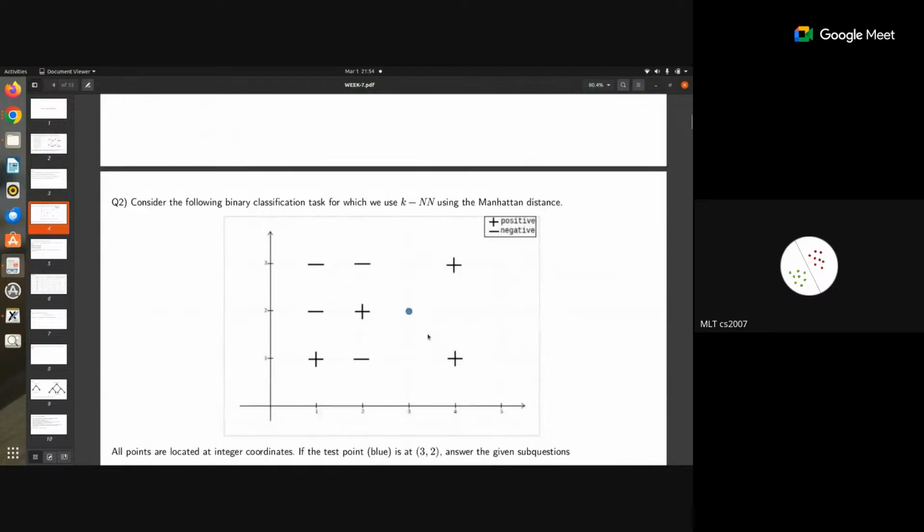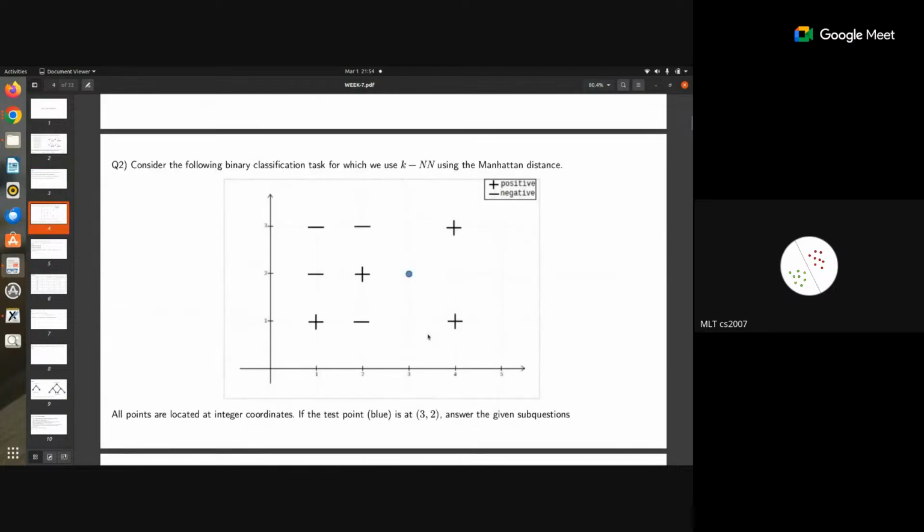Okay, Manhattan distance. I think it is not covered, right? Consider Manhattan distance. It's one of the metrics, right? There are like 4 or 5 distance metrics. One is Euclidean distance, which we generally use. Another is Manhattan distance. Another is called Mahalanobis distance. I think there is one more.